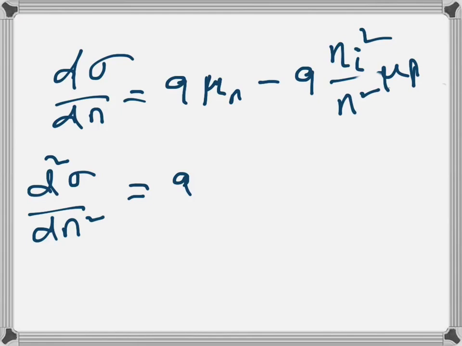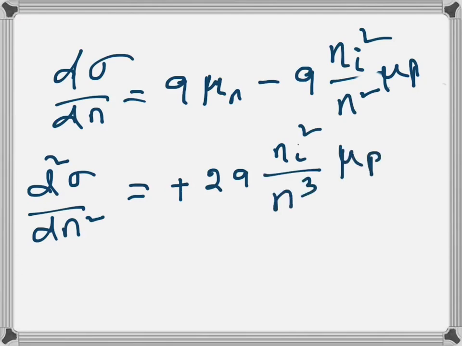The first term becomes 0, and the second becomes plus 2q ni square over n cube mu p. So basically n is the only variable, and it becomes like that.